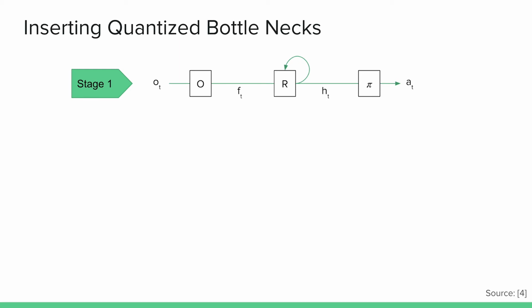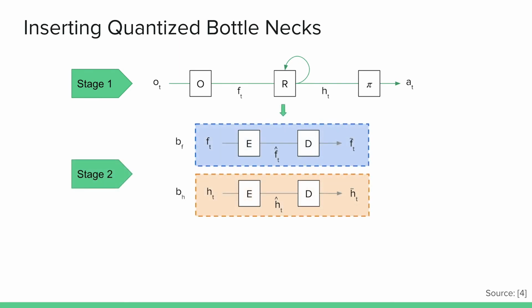What we're doing now in the second stage is that we define 2 functions here, autoencoders for f and h, that transform our input representation to this simpler space that only has 3 values, and then have the decoder come back to the original values.